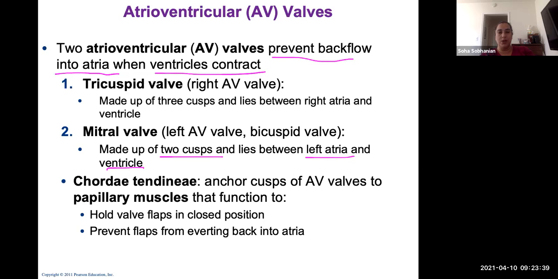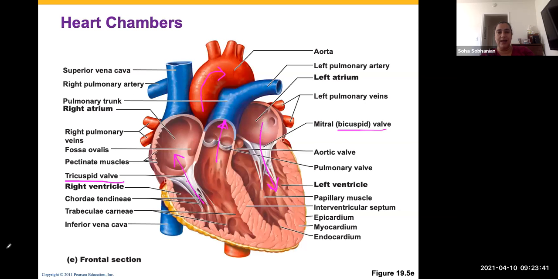Now, one quick note when we're looking at these valves right here. Here is the valve, guys, these white portions right here and right here. But you can also notice that they have these little strings coming off of them that keep the valve in place. These string-like extensions are connected to these finger-like extensions of muscles right here. These have their own names.